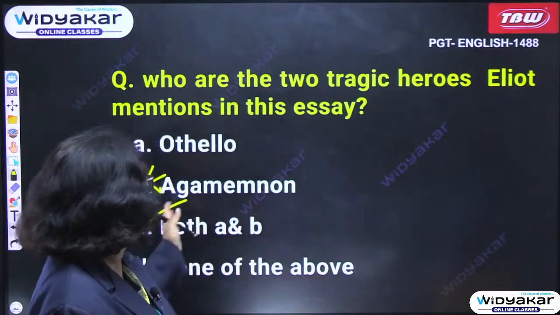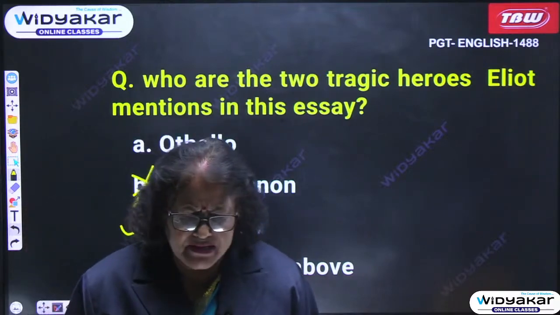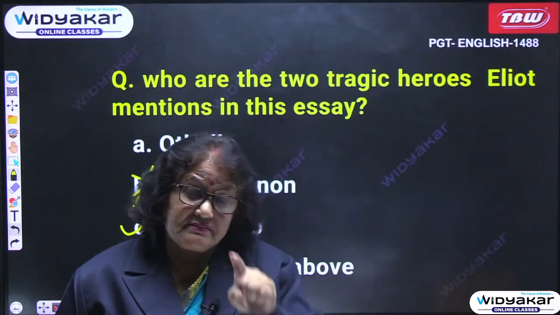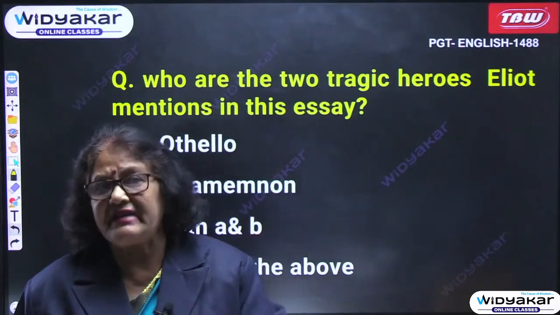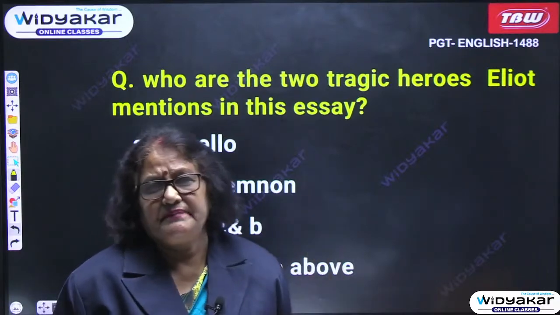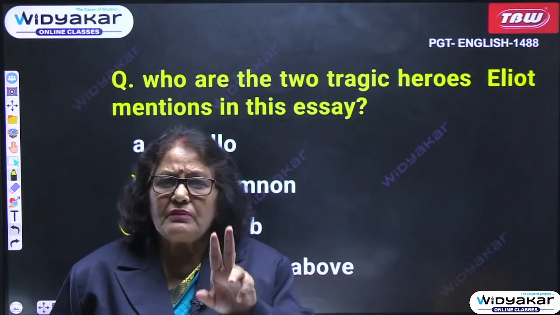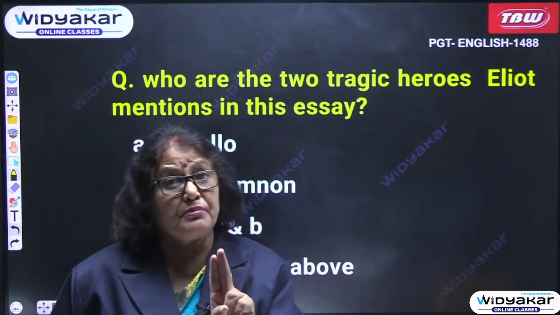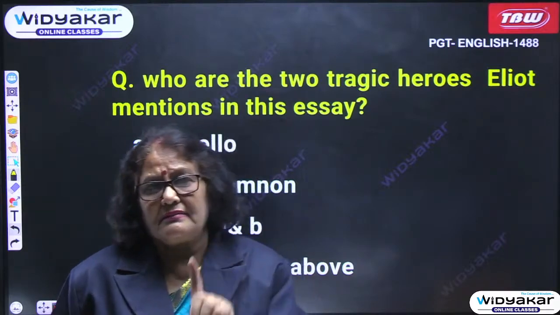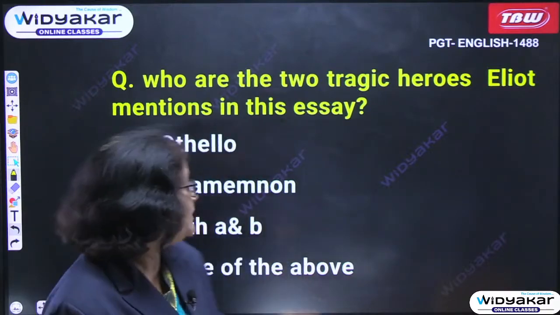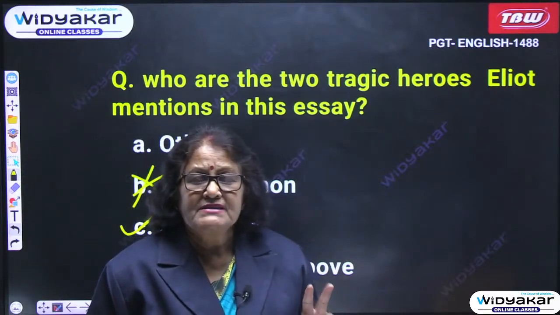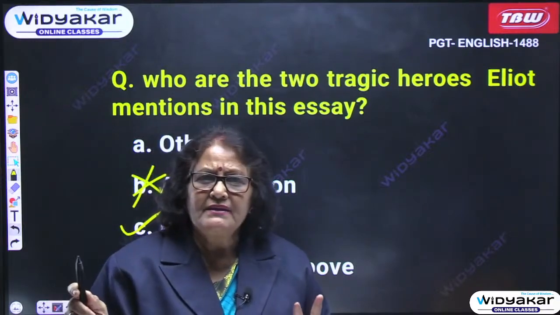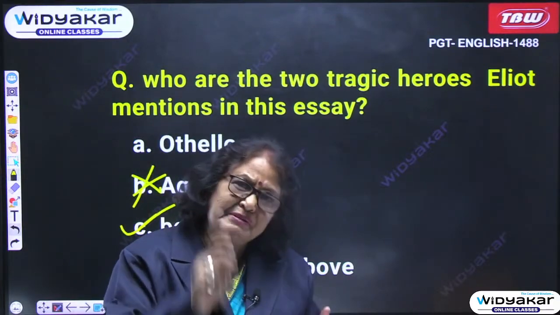Then Agamemnon, who is he? Agamemnon is from Aeschylus' tragedy. He was a Greek warrior. Agamemnon and Menelaus are two brothers. Understand? Keep this in mind. Menelaus was the king of Sparta. Agamemnon married Clytemnestra.